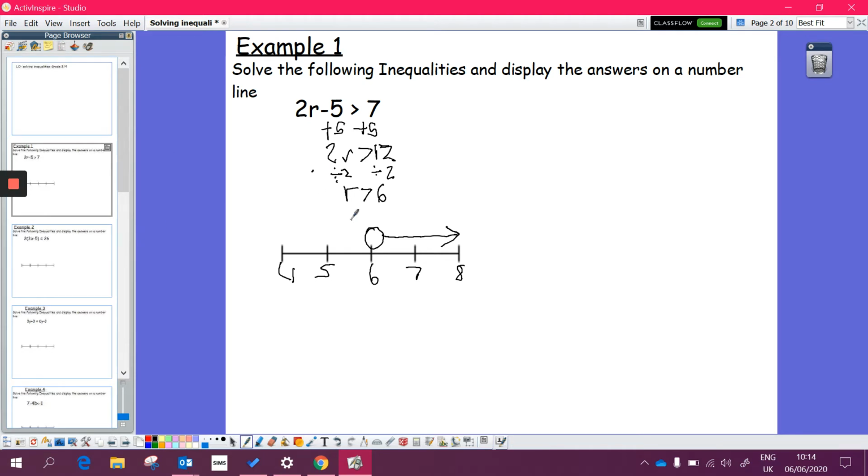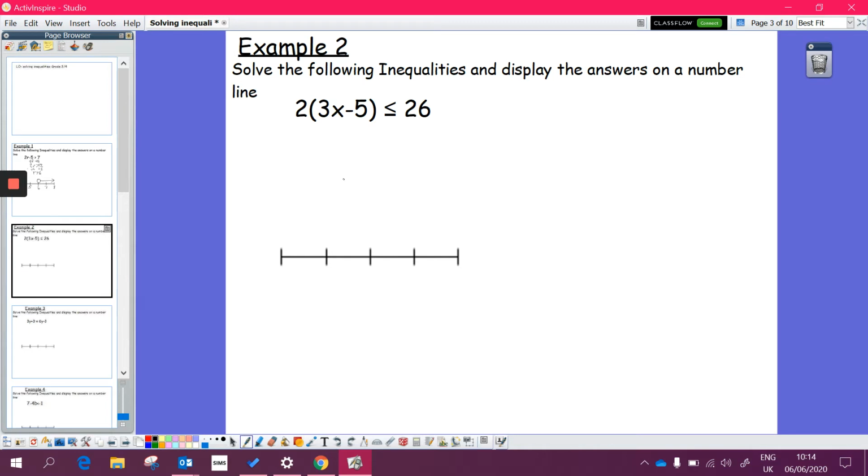Then we looked at a little bit more of a difficult equation. So now we've got 2 bracket 3x minus 5 is less than or equal to 26. So again, if you've got a bracket, expand that bracket. So you've got 6x minus 10 is less than or equal to 26. Remember, when expanding brackets, we just do it by multiplying.